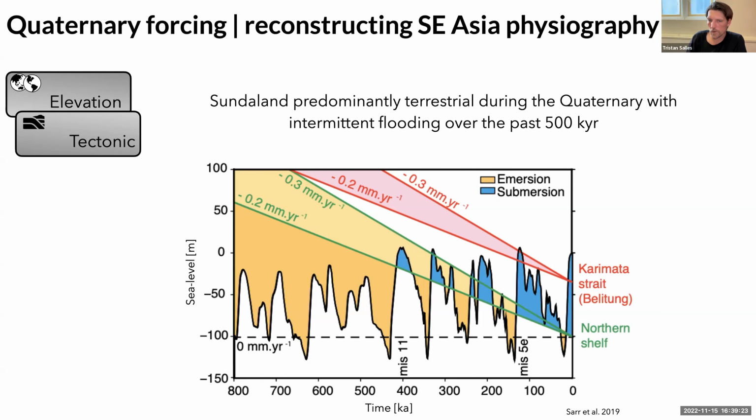You can use different conditions of tectonic or subsidence rate, and in any case, you end up with a place which was permanently continental before the last 500,000 years.